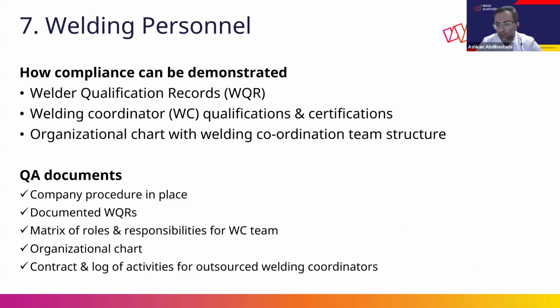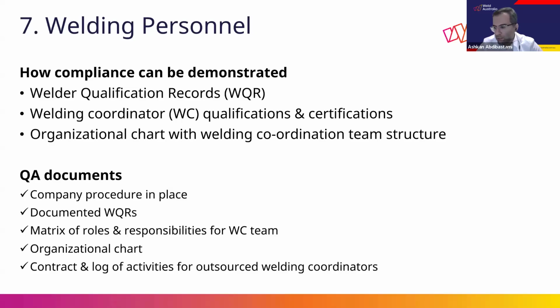So to demonstrate compliance in this clause, we need to verify key records such as valid welder qualification records, qualification of welding coordinator, and organizational chart that clearly outlines the welding coordination structure.